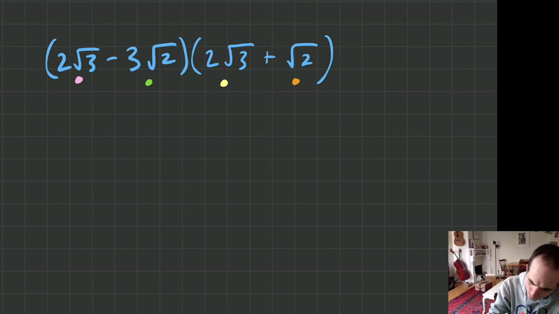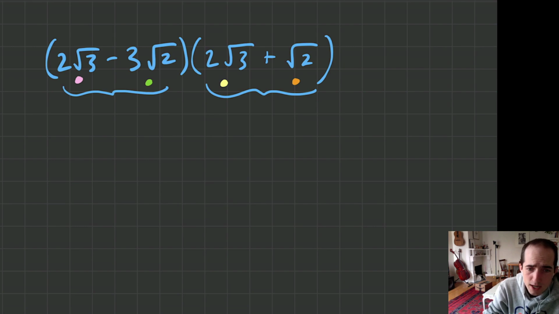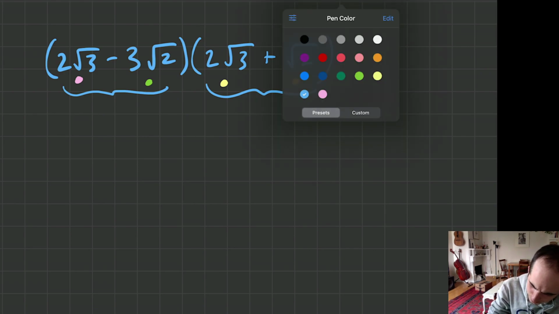So the way this is going to work is all of these guys on the left here, and I'll go back to blue as kind of the standard color, all of these guys on the left have to multiply all of these guys on the right. That's just how the distributive property works, okay? So when I do this, let's do purple and yellow first.